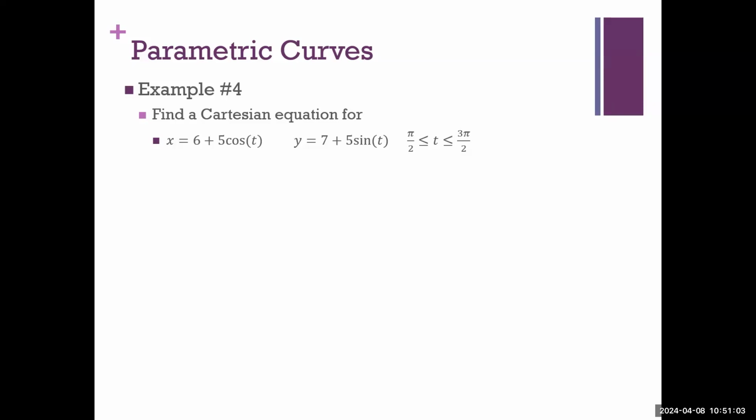So I want to find a Cartesian equation. And what I mean by Cartesian equation is, I'll write it in a phrase here that you're going to see a lot: eliminating the parameter. The parameter is, in this case, t.